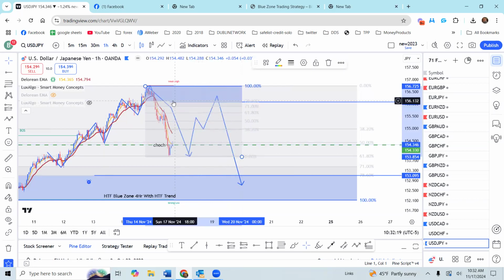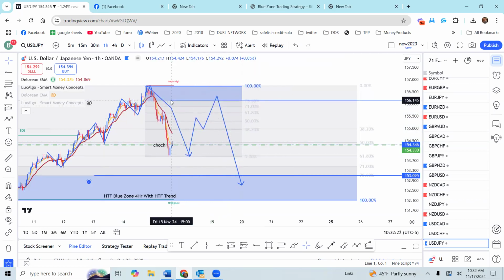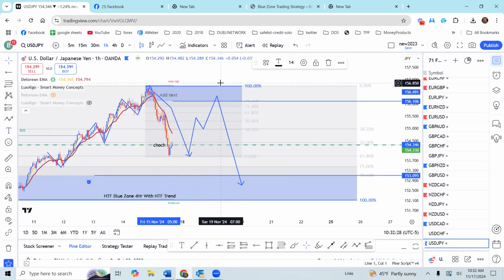And now, like I showed you earlier, we now have a blue zone alert right here, and this is the lower time frame blue zone on the 1 hour chart, right? And this is counter trend. This is counter trend. Okay.